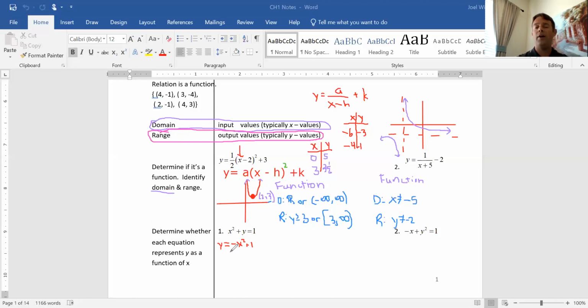If I can get y by itself, then it is a function of x. So I plug a number in for x, I'll get a number for y. I was able to get y by itself, therefore this is a function. So we'd say determine whether each equation represents y as a function of x. We would say yes, this one does.